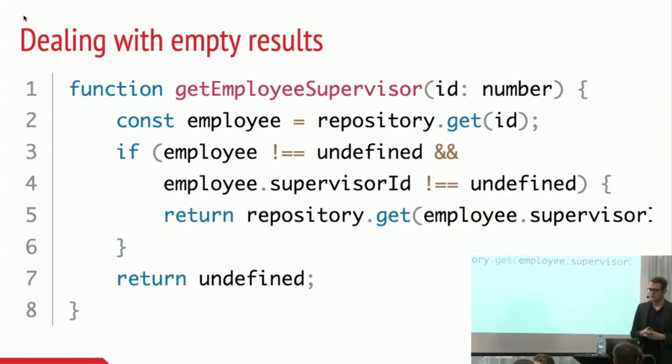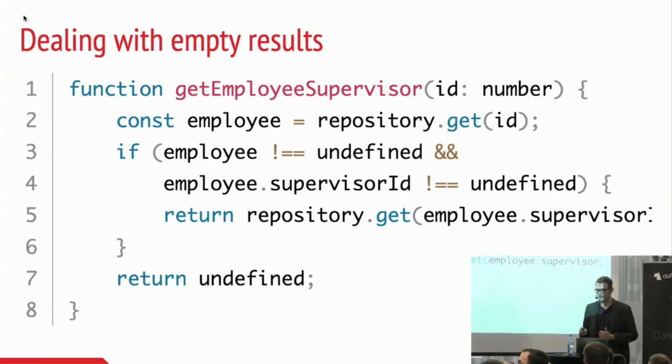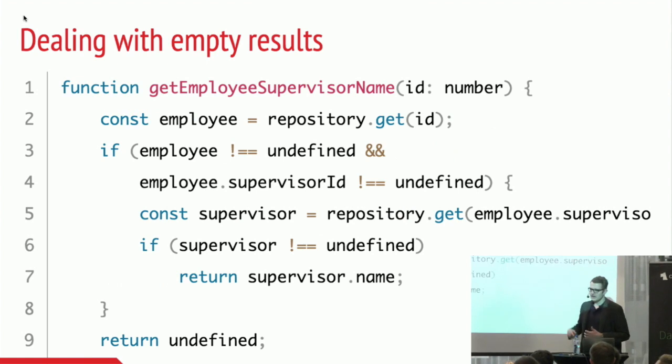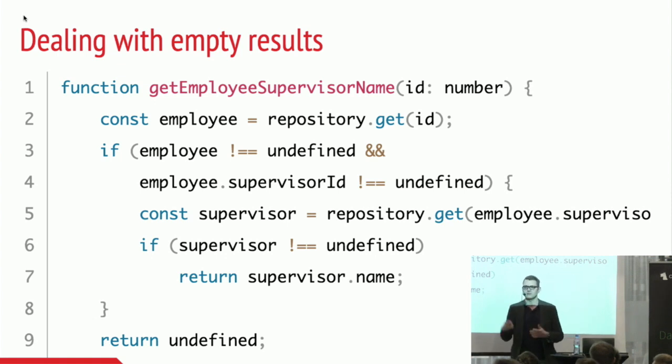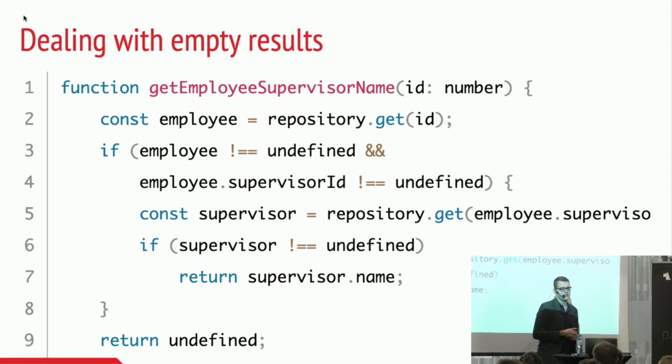Let's make it more complex. Let's say we want to get the employee's supervisor. Now we have to do an additional check, because employee.supervisorId can also be undefined. And let's get deeper. Now we want to get the employee supervisor's name. Well, it doesn't sound very unrealistic. I can imagine having to write such a function in a real-world application.